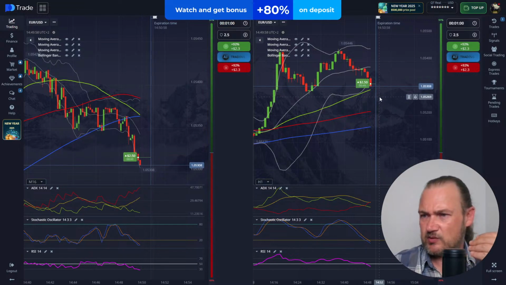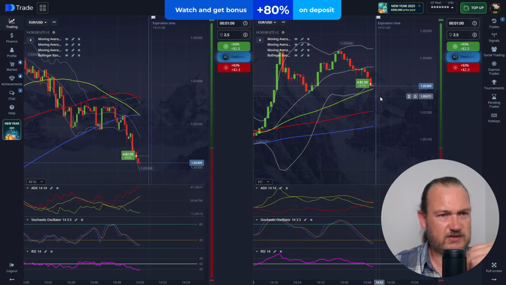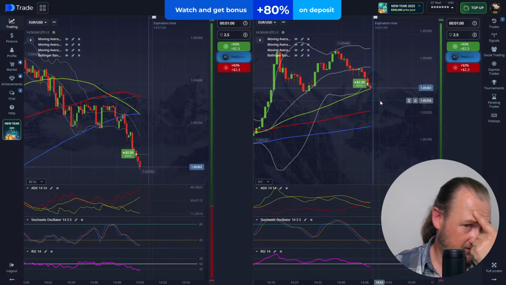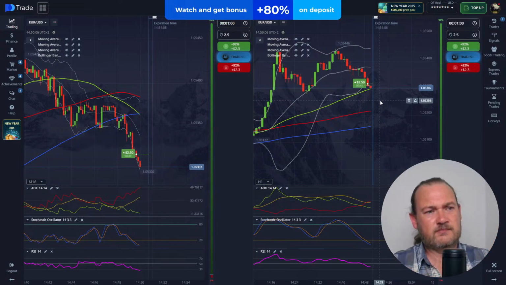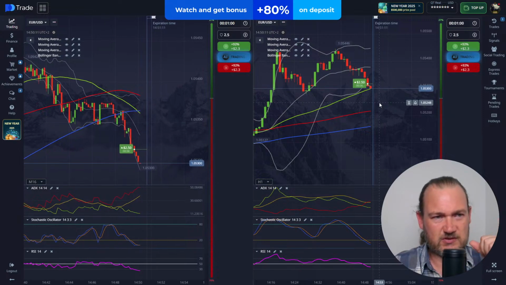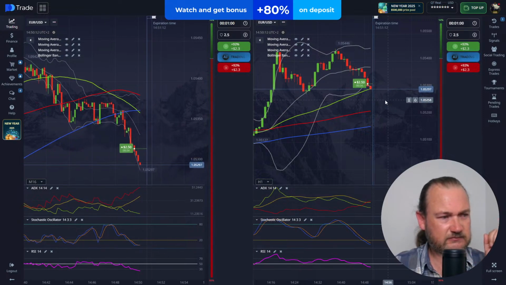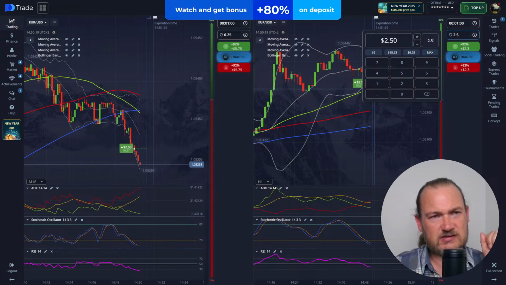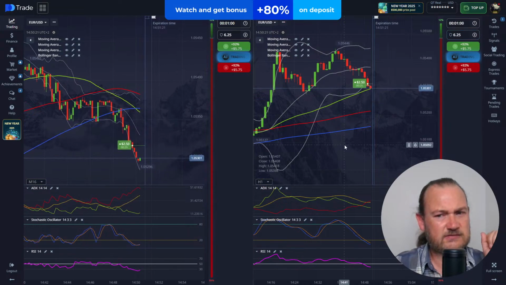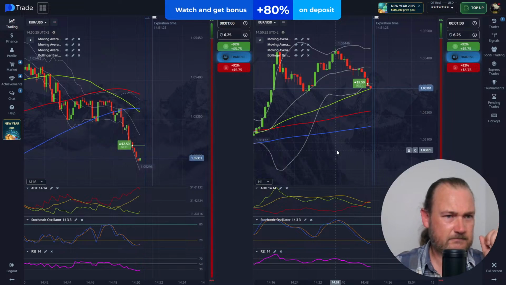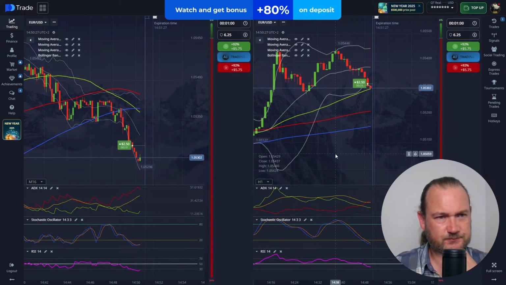Oftentimes people don't understand why they are losing their trades, but they're not waiting for their strategies to give an actual clear entry, depending on what the parameters or conditions are for that. Okay, so looks like that's going to be a loss. Maybe not, but I doubt that it's going to push up.